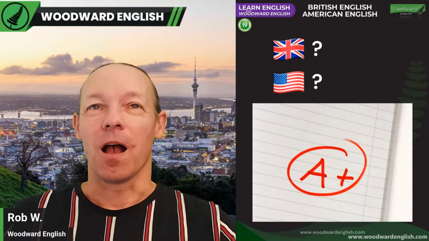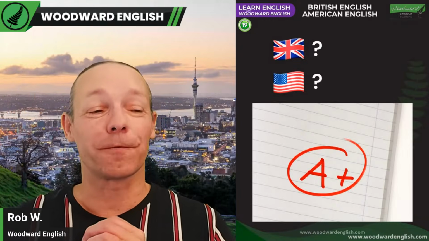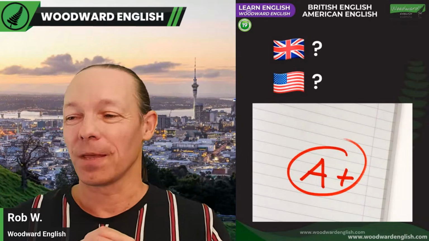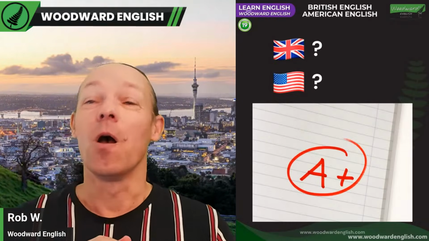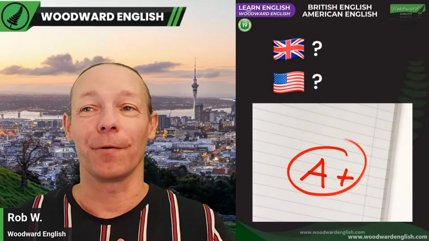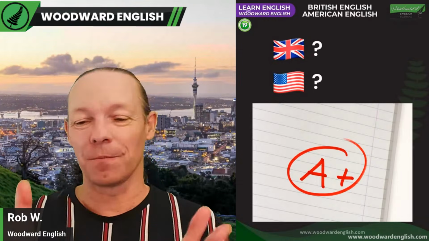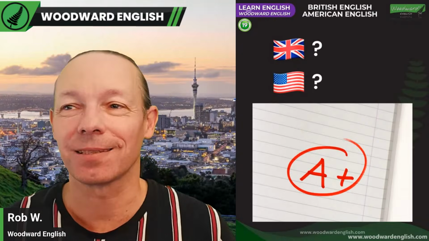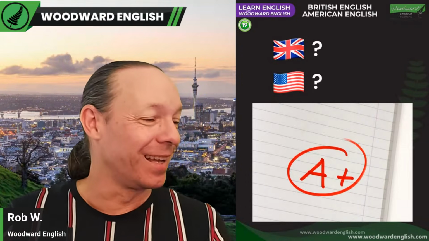These are the results from school. The results can be a letter, A or A plus, or it can also be a number. What are these called? The results that you get from an exam or from a test.